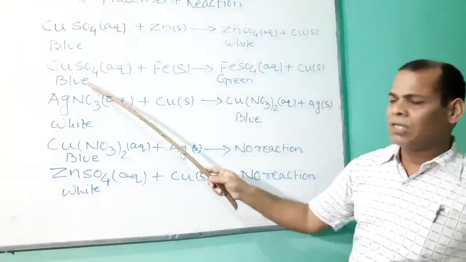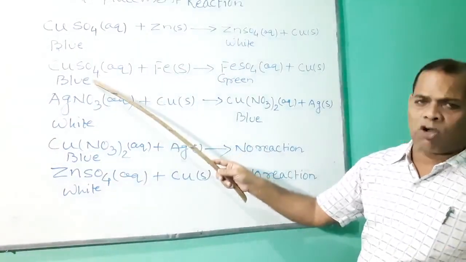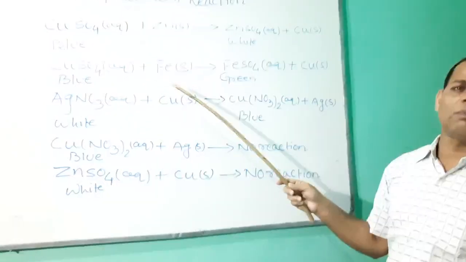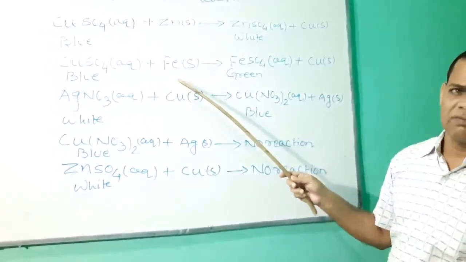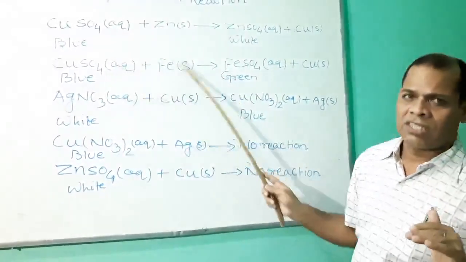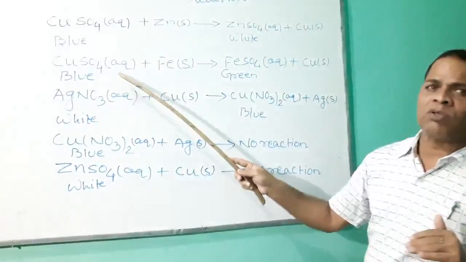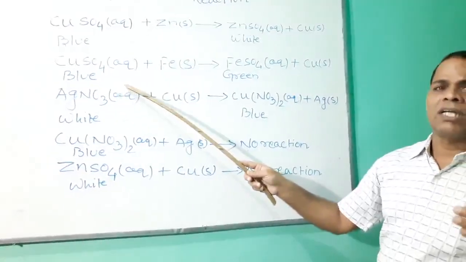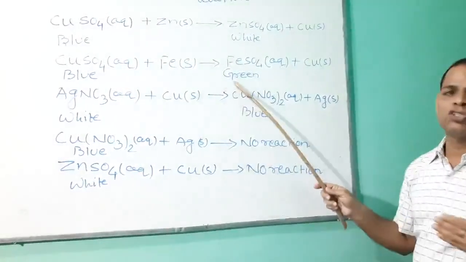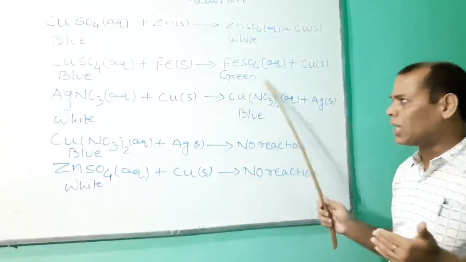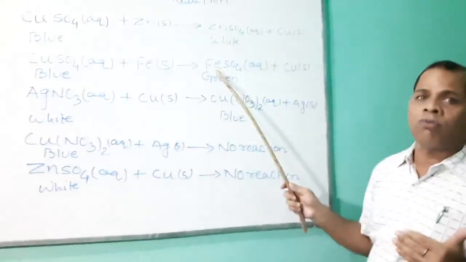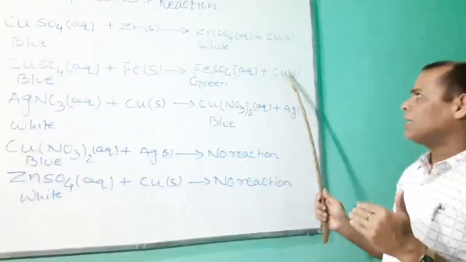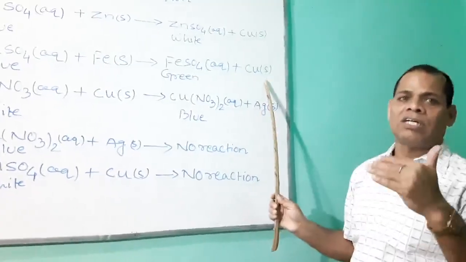Again, as another example, take an aqueous solution of copper sulfate and an iron nail, rub it with sandpaper, and put this iron metal in the aqueous solution of copper sulfate. Slowly you see the blue color change into green color. This green color is a compound of iron, and over the iron again a brownish substance is deposited.